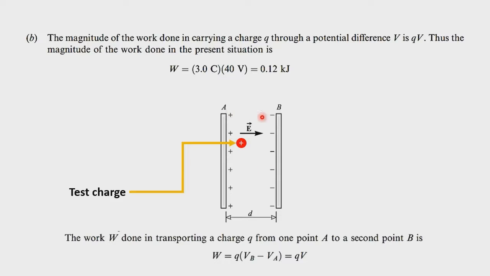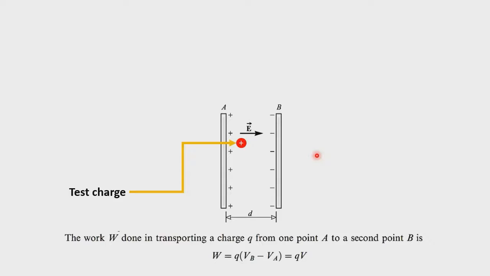According to the problem, it already has a potential difference of 40 volts. Therefore, that will resolve to 120 joules. But we would like to get the kilojoule value, so divide that by 1000 and you will get a value of 0.12 kilojoules.